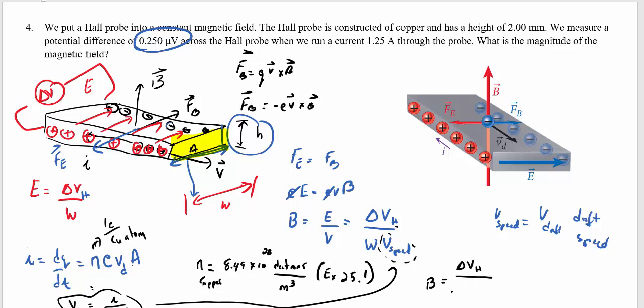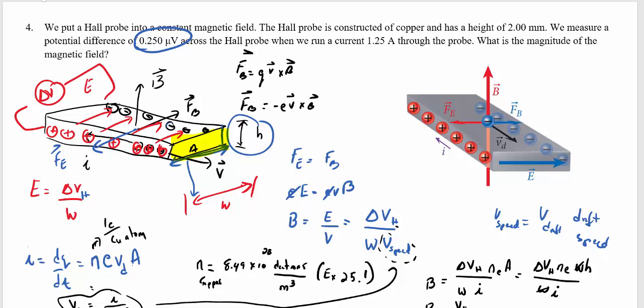We plug that back into our equation for the magnetic field, and since the area here is the height times the width, we can plug that in for A, and therefore we would have the width in both the numerator and the denominator, and those two cancel out. So all we need to know then would be the height, or the thickness, of the Hall probe to determine the magnetic field.